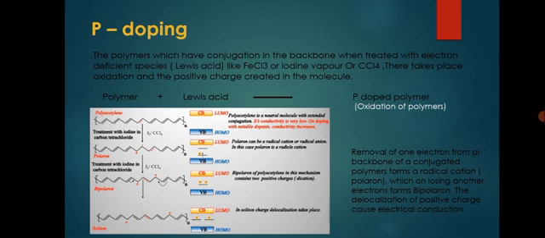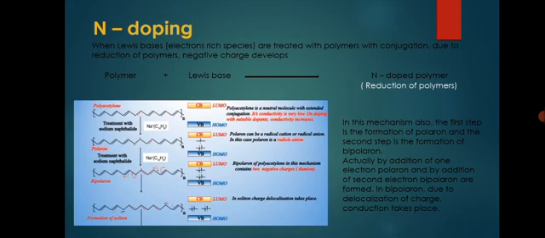So, in this mechanism, removal of one electron from the pi backbone of a conjugated polymer forms a radical cation, polaron, as I mentioned earlier, which on losing another electron forms a bipolaron. The delocalization of positive charge causes electrical conduction.